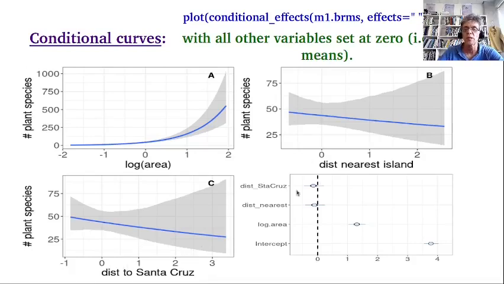There is a pretty weak relationship for the distance to the nearest island and the distance to Santa Cruz, and a very strong relationship between the number of plant species and the log of the area. Here we have the mean of the posterior distribution for each of the parameters and the 95% credible interval for each of the parameters.